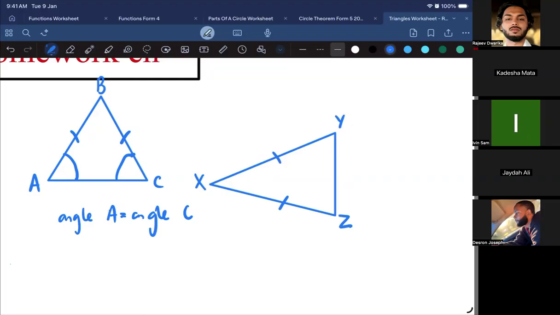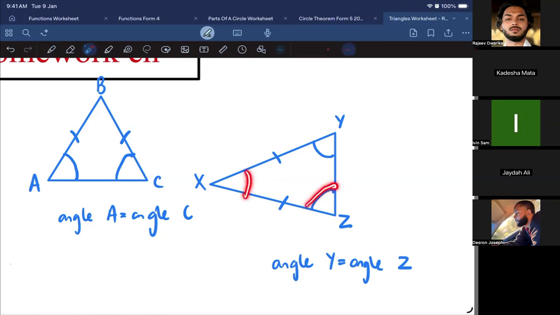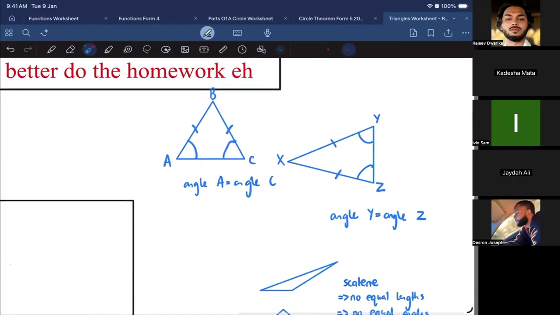Y and Z. Yes. Now, some of you made a mistake when you were doing the questions. Some of you would have said that X and Z are the same. But no. You're looking to see which sides are equal, and at the base of it, those angles will be equal.